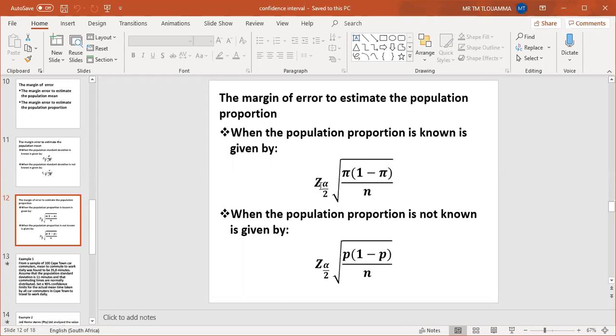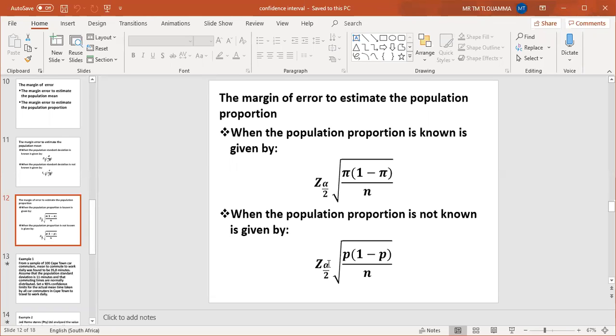It is z alpha divided by 2 times the square root of pi times (1 minus pi) divided by n. This is the formula we use when the population proportion is known. Then when the population proportion is not known, it is given by z alpha divided by 2 times the square root of p times (1 minus p), divided by n.